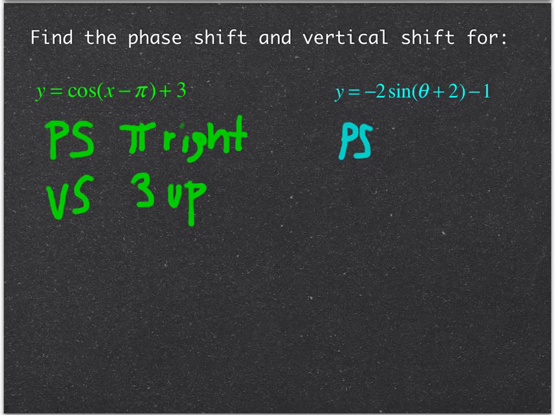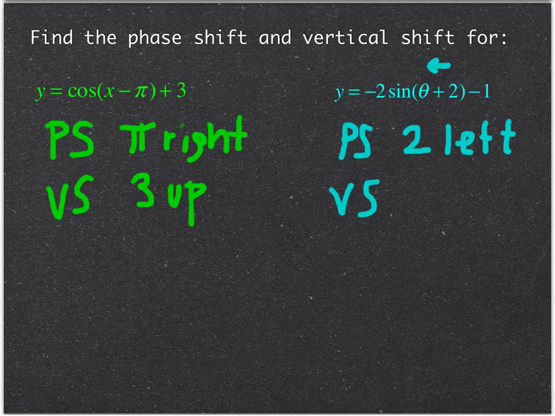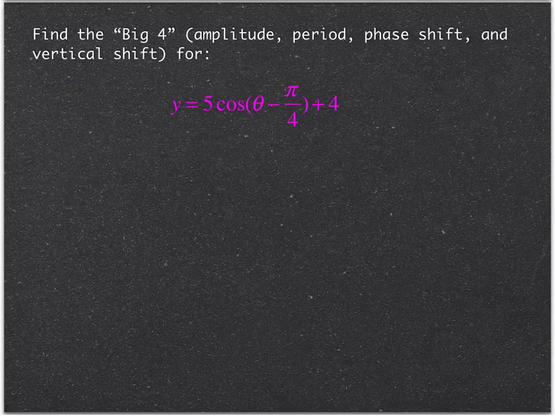So the phase shift in this case will be 2 to the left. Remember, the plus sign actually means a move to the left horizontally. And the vertical shift does exactly what it says, so this one's going to be moved down 1, so 1 down.